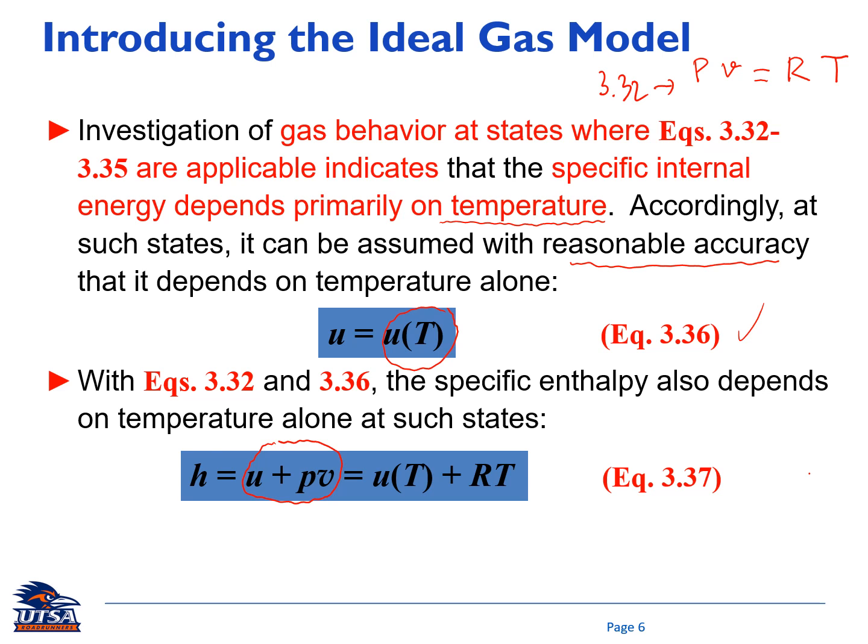U is only a function of temperature, and because it is ideal gas, in equation 3.32 you can replace PV by RT. So you can see in equation 3.37 that H is also a function of temperature alone, because R here is not a function of temperature. So in ideal gas condition, u is only a function of temperature alone, and h is also a function of temperature alone.